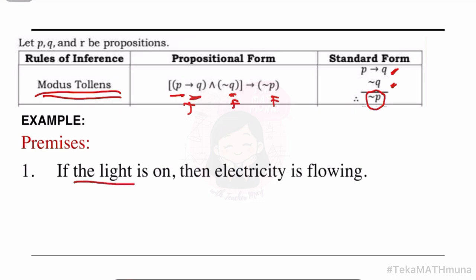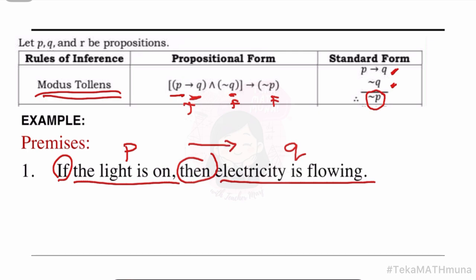The light is on, that is proposition P. Electricity is flowing, that is proposition Q. The logical connector is if then. This is the symbol. And electricity is not flowing.